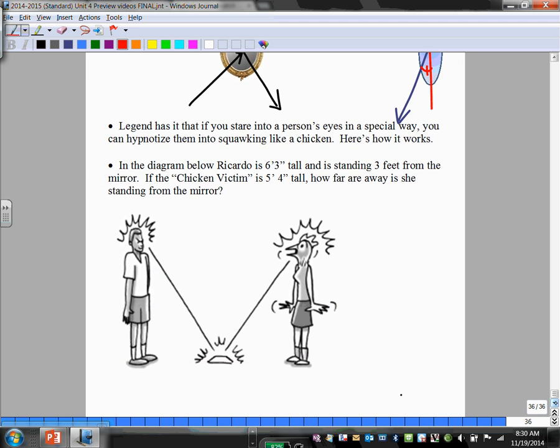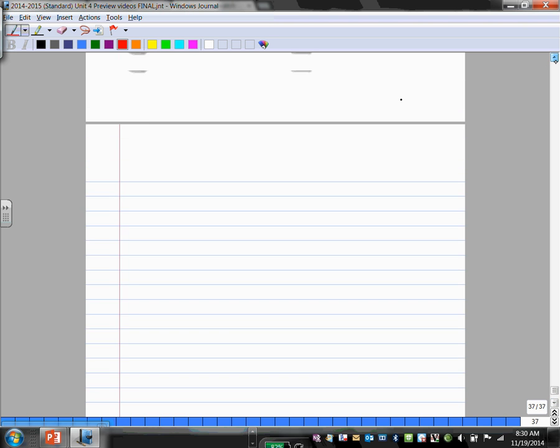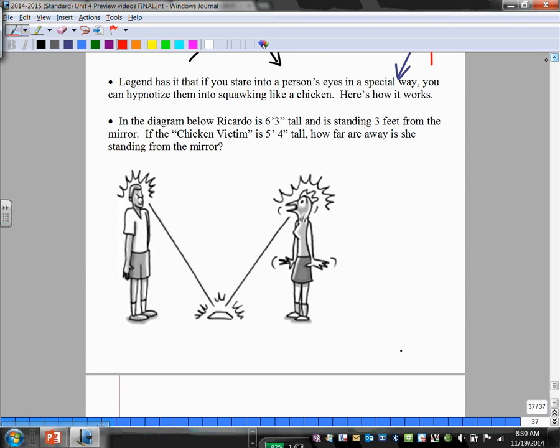So here is a scenario. It says, legend has it that if you stare into a person's eyes in a special way, you can hypnotize them and make them squawk like a chicken. Here's how it works. In the diagram below, Ricardo is 6 feet 3 inches tall. So here's Ricardo.